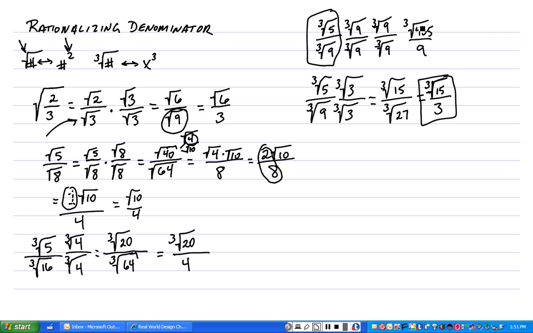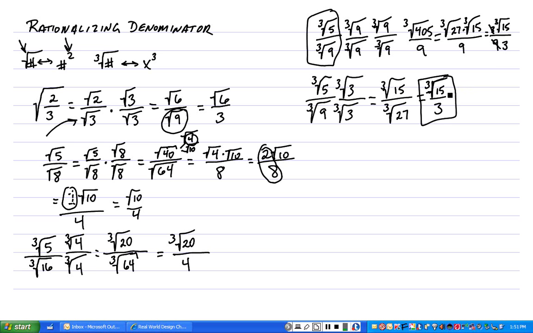Okay. Here we go. So if we would have continued to do the one up here, I would have found that 405 would be like saying the cube root of 27 times the cube root of 15 all over my 9, and the cube root of 27 happens to be a 3, and you're left with cube root of 15, and it's over 9, and the 3 cancels with the 9 and leaves a 3 down here.